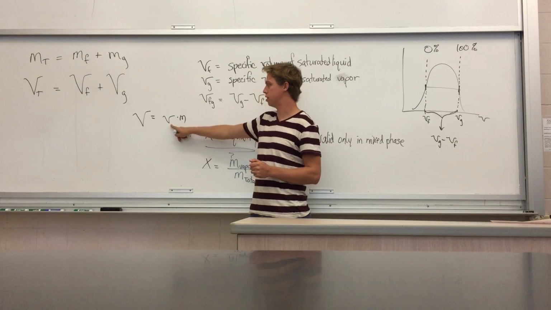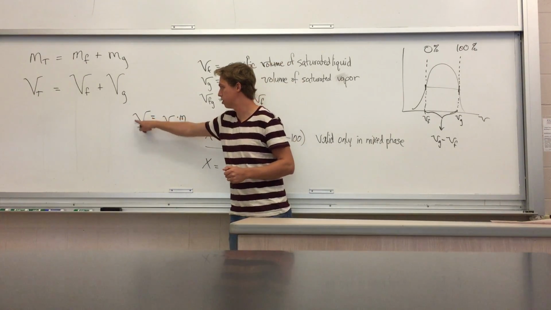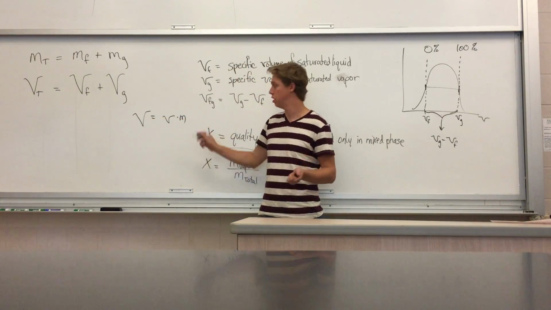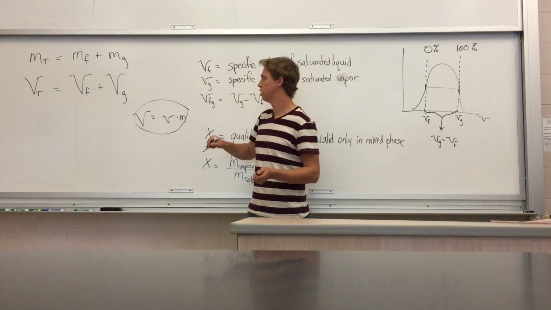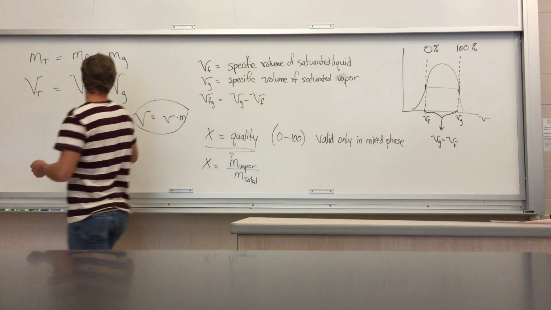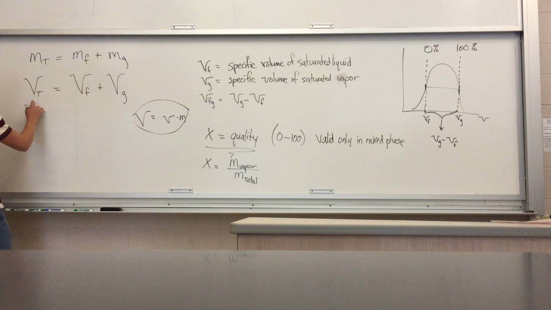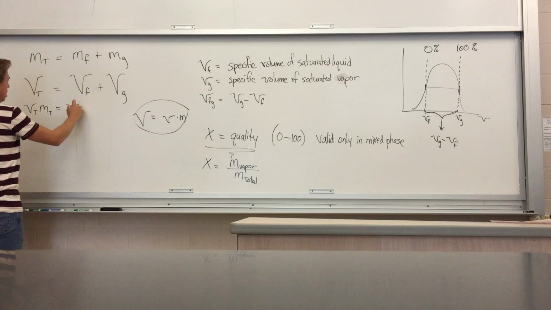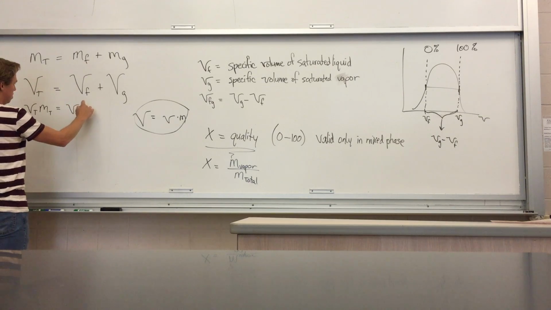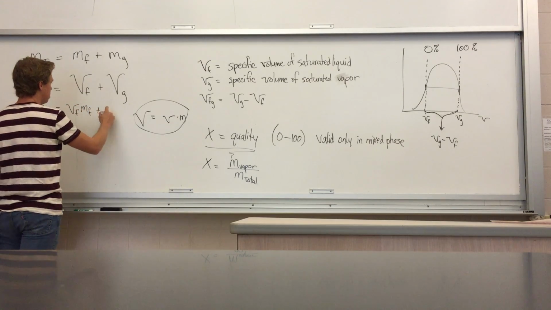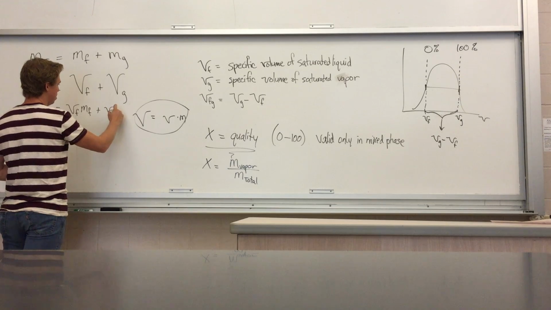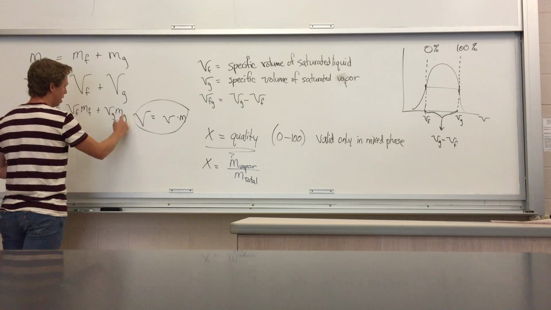This is the definition of little v. If I divide the mass over, it's volume over mass, and that defines it. So this is just definitional. So I can plug this into this formula. So I get little v total times mass total equals little v liquid, mass liquid, plus little v vapor, mass vapor.